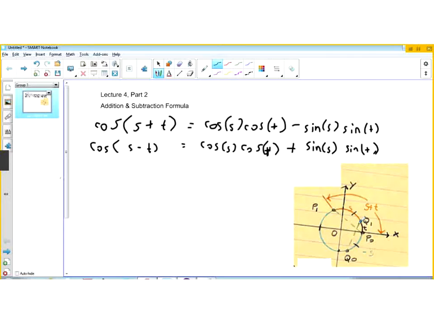We have this arc t, which is kind of hard to see, but it's this black one. We'll call this distance arc length t right there. And note the labeling of the points. We're going to use this construction.